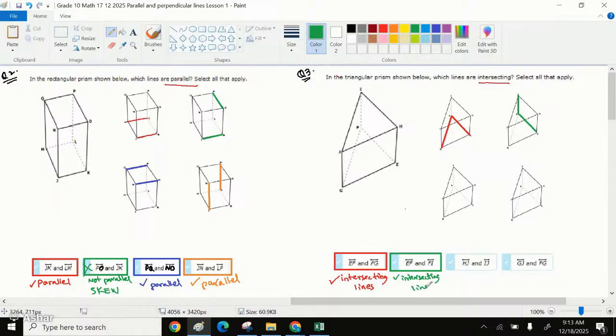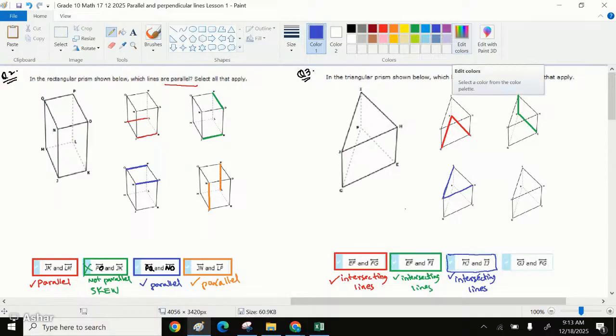If we look at HJ and IJ, HJ is this line and IJ was this line. So they are also intersecting lines.